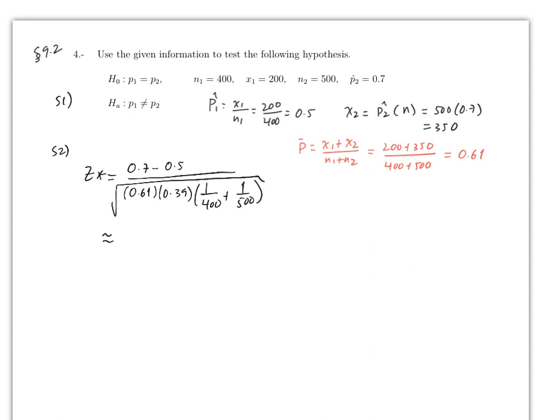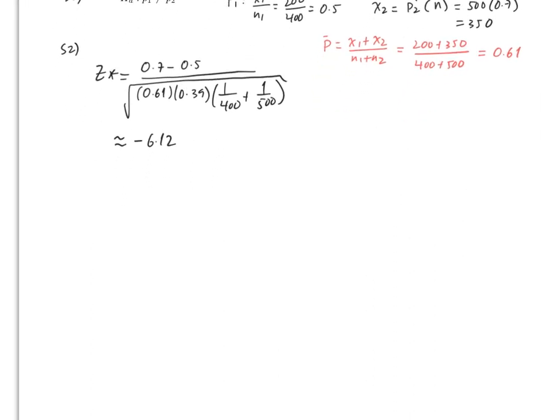This is around negative 6.12. Again, you don't want to go through all of this pain to find Z star. You can just use the calculator.